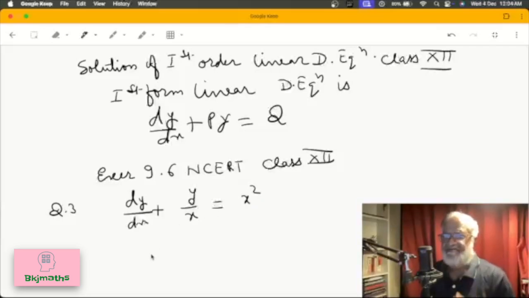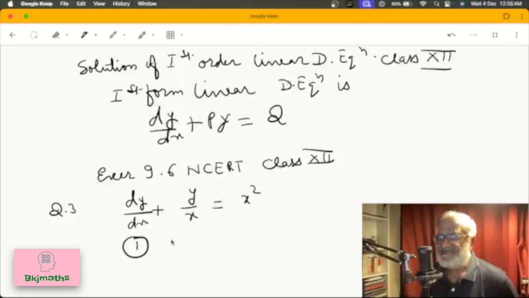The algorithm to solve the linear differential equation is, first, write the equation in the standard form and find the value of p and q. P is the coefficient of y and q is the term on the right hand side.